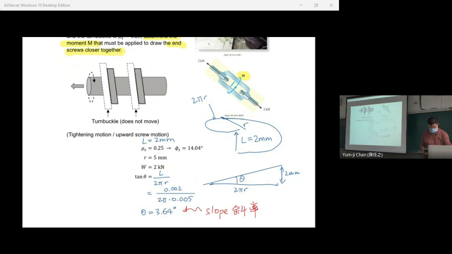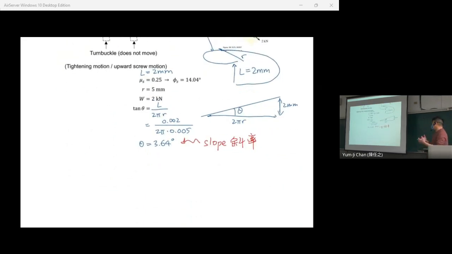Now let's draw a figure like the one before, on the page before. This is our nut, and this is our bolt.